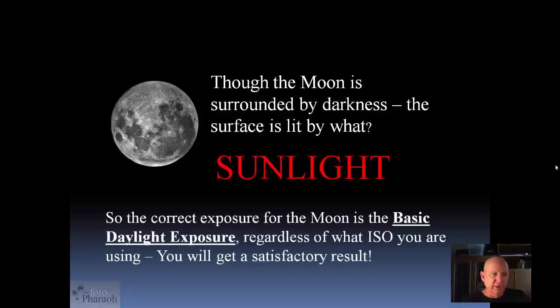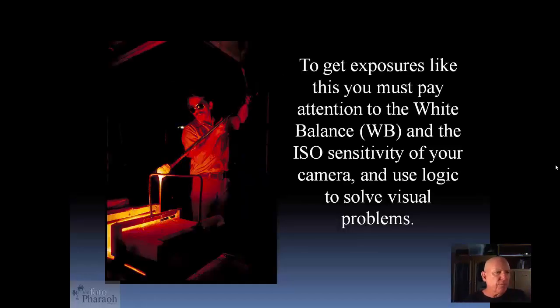And the answer is yes. So the correct exposure for the moon is the basic daylight exposure, regardless of what ISO you are using. So for instance, if you were using ISO 400, the exposure for the moon would be f16 at 1/500th of a second, and you will get a good result.